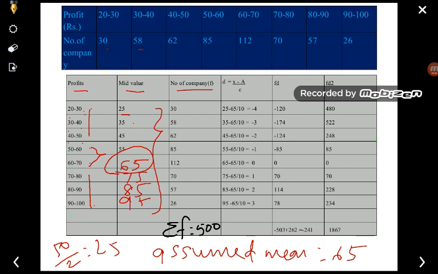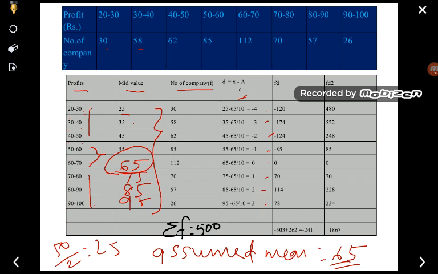So d equals x, the mid value, minus a, the middle value you have assumed as the mean, divided by the class width. So you'll get certain values like minus 4. Here we'll get 35 minus 65, because we have taken 65 as the assumed mean, divided by 10, which gives minus 3. Similarly you get minus 2, minus 1, 0, 1, 2, 3. So we have calculated the d.